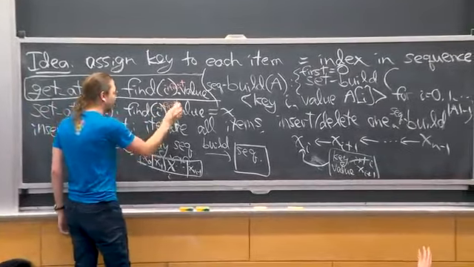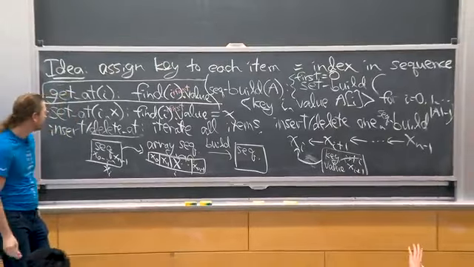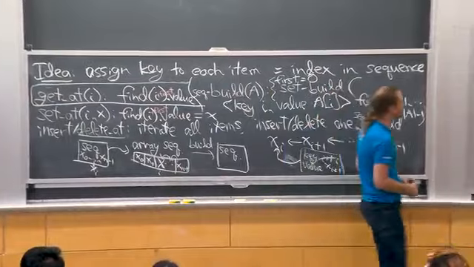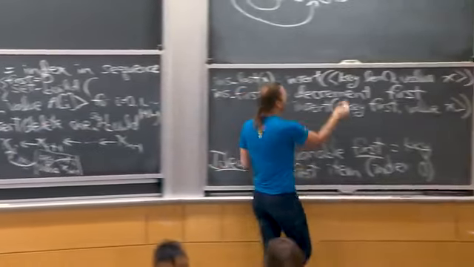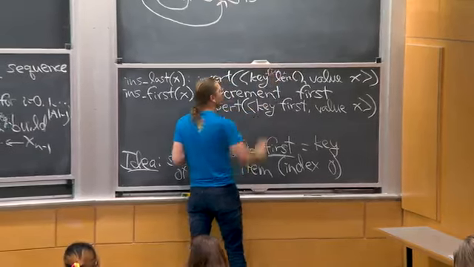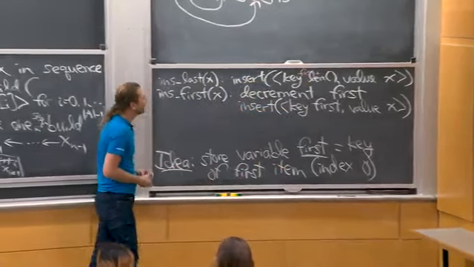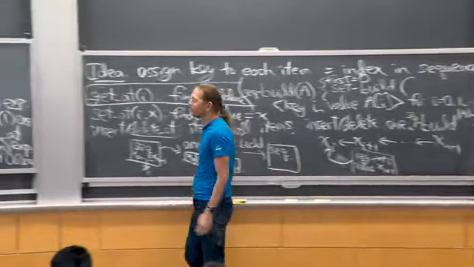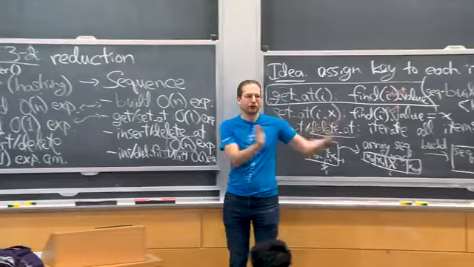Basically add a whole bunch of plus firsts throughout. This one's probably fine. If I'm globally rebuilding, I can reassign all my labels. But this one should be first plus length.